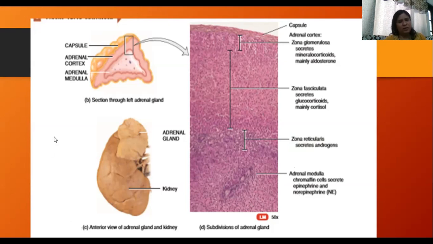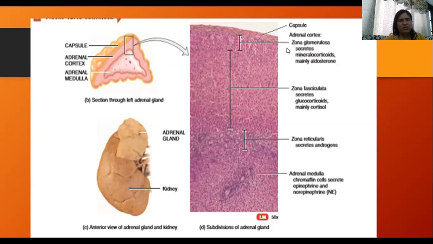So this is a good picture showing a summary of what we have studied till now. Anterior view showing the suprarenal aspect of the adrenal gland that is present on the superior aspect of the kidney, its structural and functional zones: outside capsule, outer layer of adrenal cortex, adrenal medulla, and the three layers of the adrenal cortex, that is GFR.